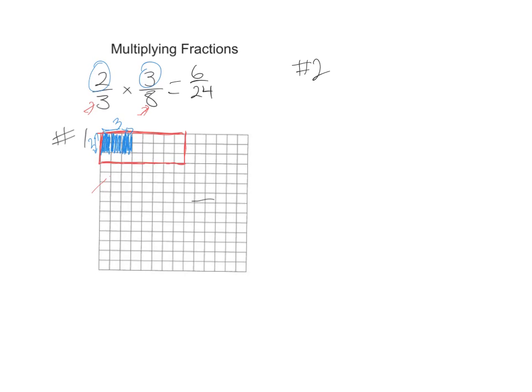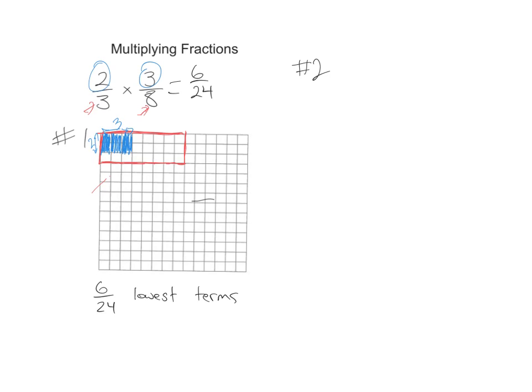Now, before we go any farther, one thing I want to ask you is whether 6/24 is in lowest terms. We usually like to end our question always in lowest terms. So we ask ourselves, can you divide a number into the top and bottom here? And if we do, we want to ask ourselves, is that the biggest number we can divide by?